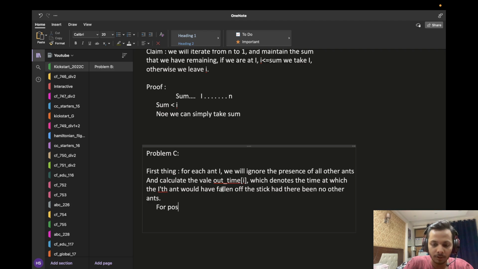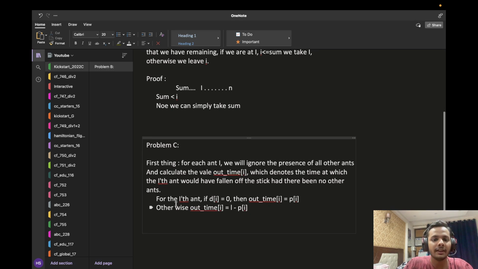So for position equal to x, for the ith ant, if d of i is equal to 0, then out time of i is equal to p of i, okay, and otherwise out time of i is equal to L minus p of i, right?